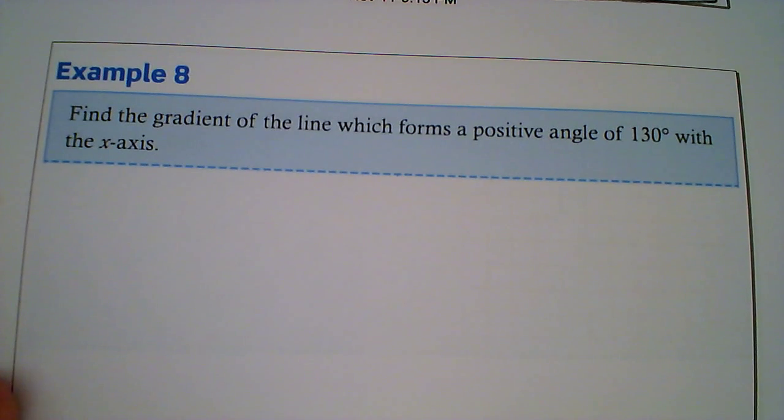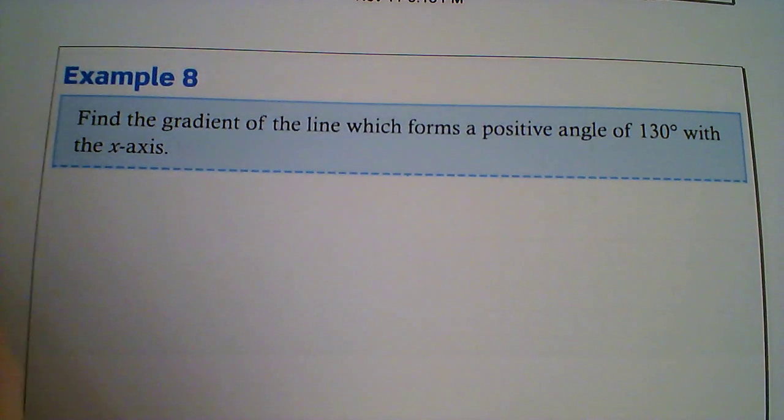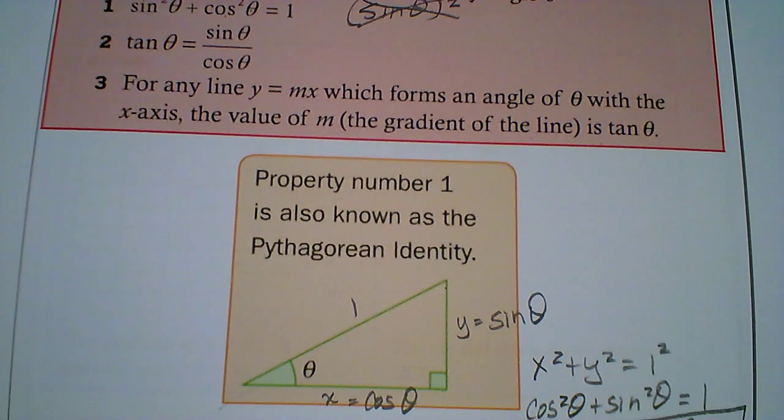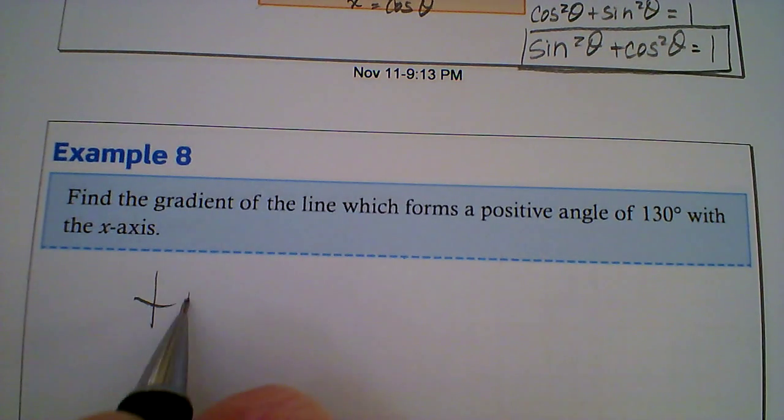So let's look at an example here. It says, find the gradient of the line which forms a positive angle of 130 degrees. So if we're looking for the gradient, we know that line goes through the angle. From our property up here, we know that the gradient is equal to the tangent of theta. So all we need to find is the tangent of theta.